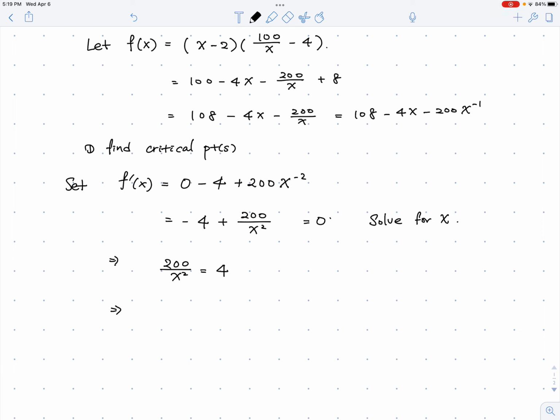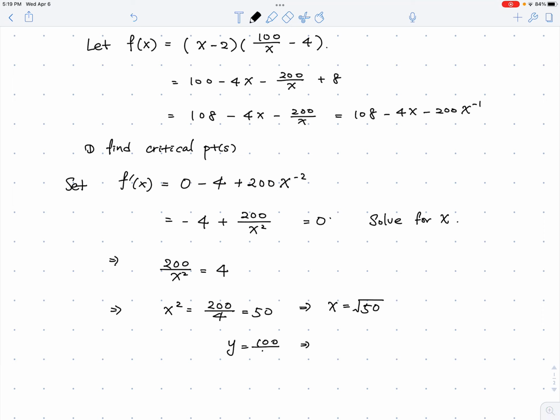So this is x squared equals 200 over 4. So this is 50. So then x is equal to root 50.